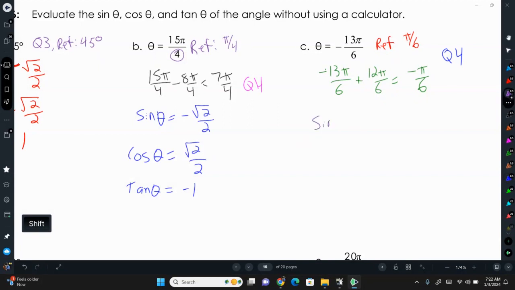So sine of the pi over 6 family is 1/2, but since we are in quadrant 4, it's negative 1/2. Cosine is going to be positive square root of 3 over 2. And the tangent, because we are, again, in quadrant 4, is going to be negative, and the tangent of the pi over 6 family is square root of 3 over 3.